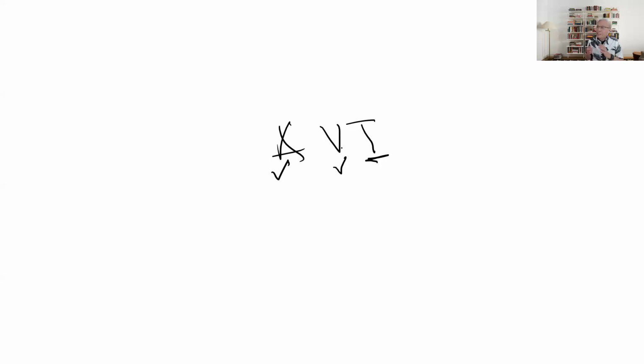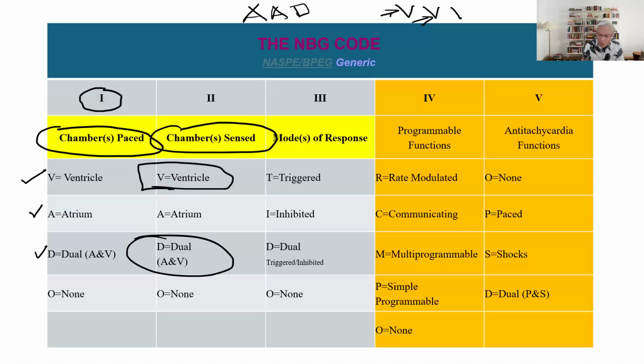Every time it sees activity in the ventricles, what does the sensor command the pacemaker to do? To contract toward the atrium? No, I mean inhibit. Do not fire. Yes, that's right. All right, so that's all I wanted to talk about regarding the NBG code for pacemakers.